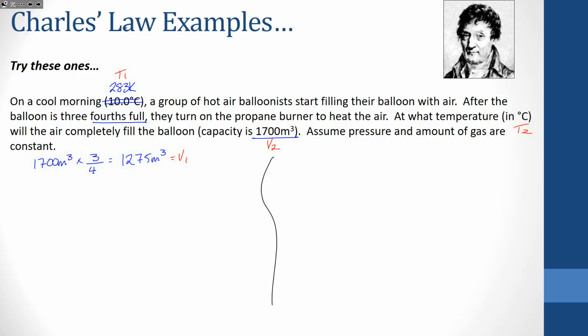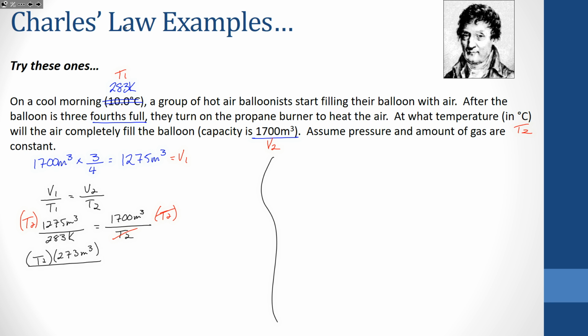Again, we'll do both methods off to the side. V1 over T1 equals V2 over T2. Substitute our values in. V1 is 1275 meters cubed. T1 is 283 Kelvin. V2 is 1700 meters cubed, that's our max volume. T2, we don't know. So again, we have to multiply both sides by T2 to get it out of the denominator. So cancel, cancel. You end up with T2 times 1275 meters cubed over 283 Kelvin equals 1700 meters cubed.